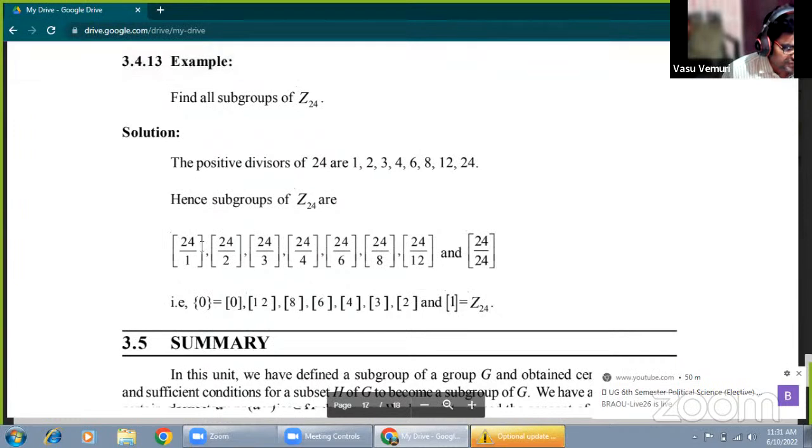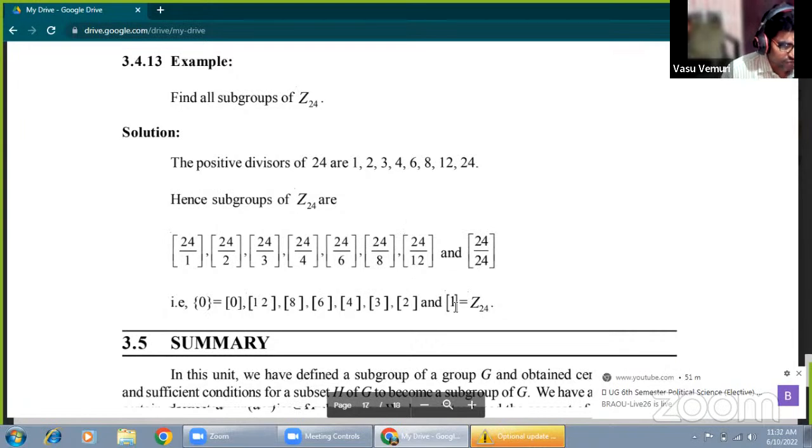Now this value's remainder is 0, since 24 divides 24. So it is represented as generated 0. Then generated 12, generated 8, generated 6, generated 4, generated 3, generated 2, generated 1.